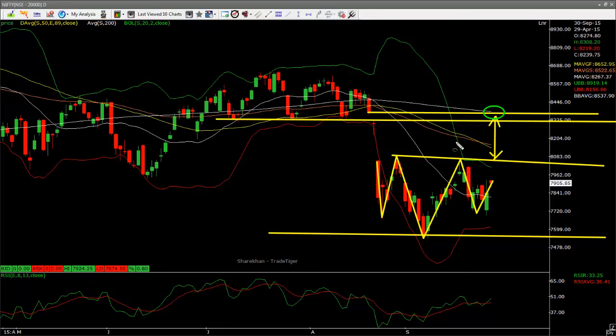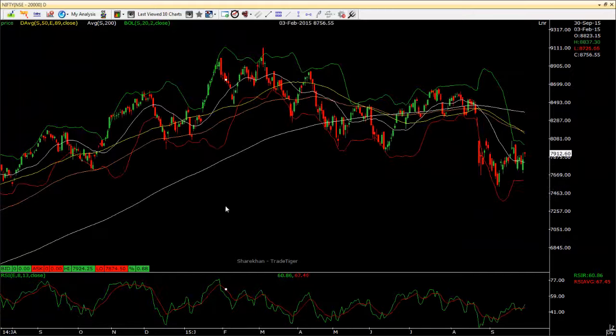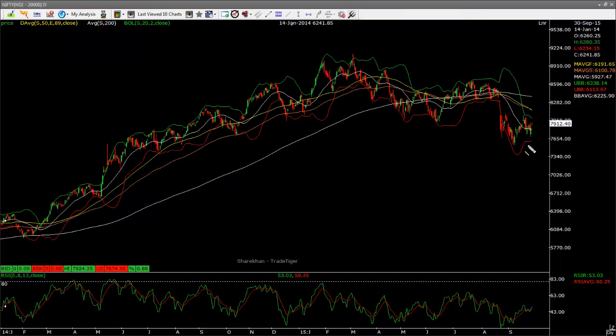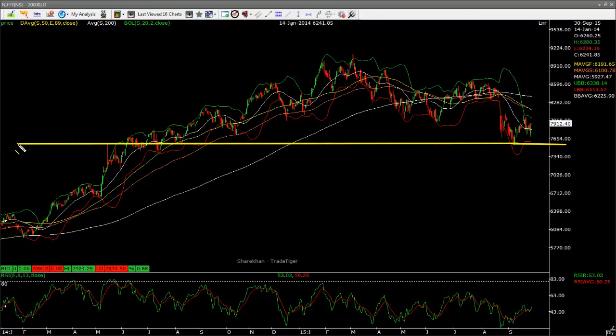If you feel that this pattern might not work out and the market may not rally back into the 8,300 levels or fill this gap, then what I feel is that let's see where we have support if we break this. Now I'm gonna draw this line from here all the way here.